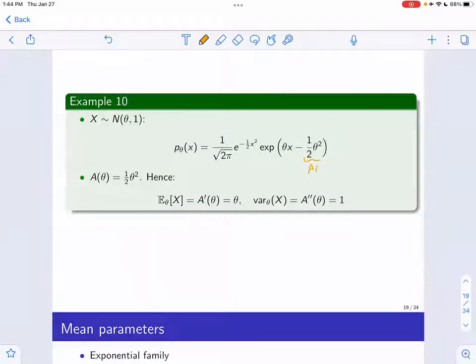This would be A of theta. So the first derivative would be theta, which matches the mean. Here, T of x is just x, right? So we're computing the expectation of x, and then the covariance matrix would be just the variance of x. It's just one-dimensional. So the second derivative is 1, which matches the variance. It's a very easy way of computing.